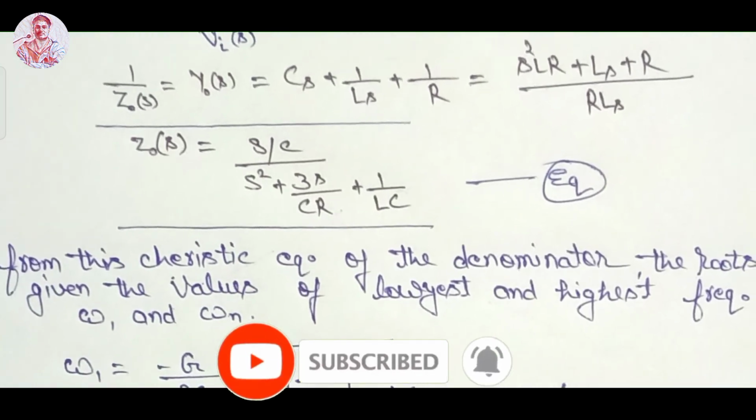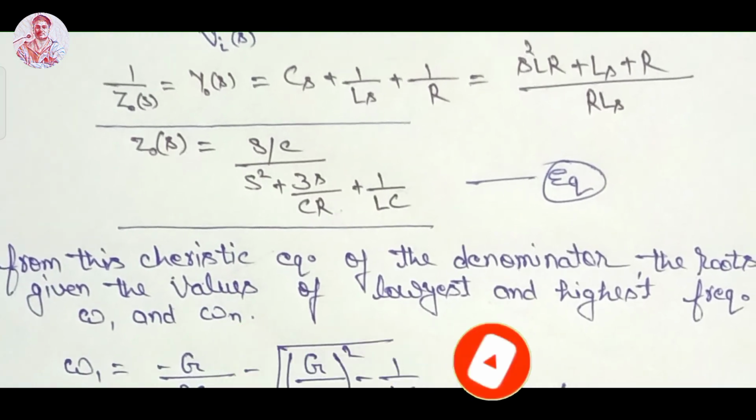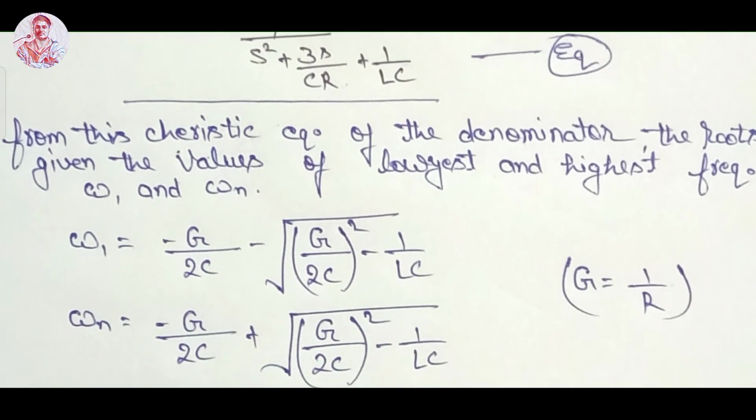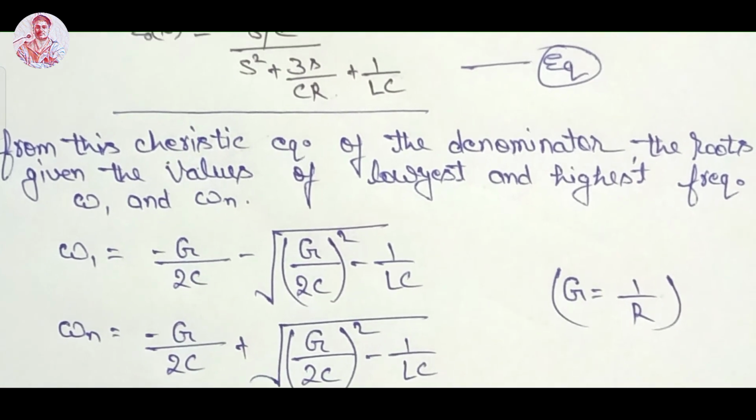From this equation, the roots of the denominator give the values of the lowest and highest frequency, which are omega 1 and omega n. Omega 1, given by this characteristic equation, is minus g over 2C minus the square root of (g over 2C) whole square minus 1 over LC.